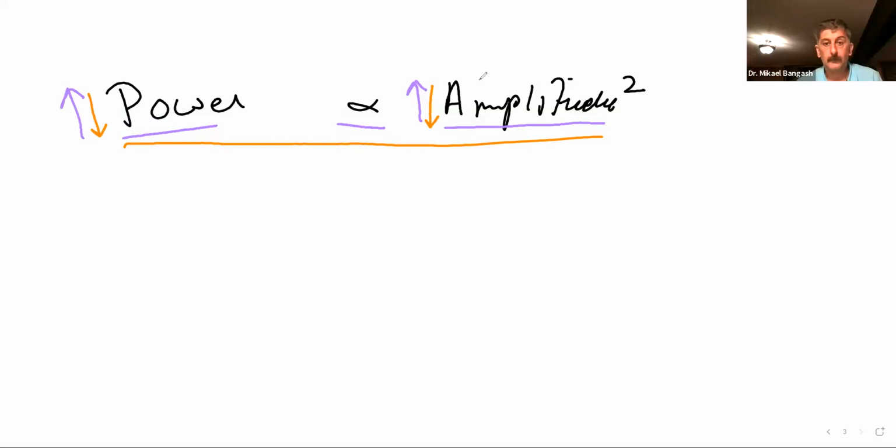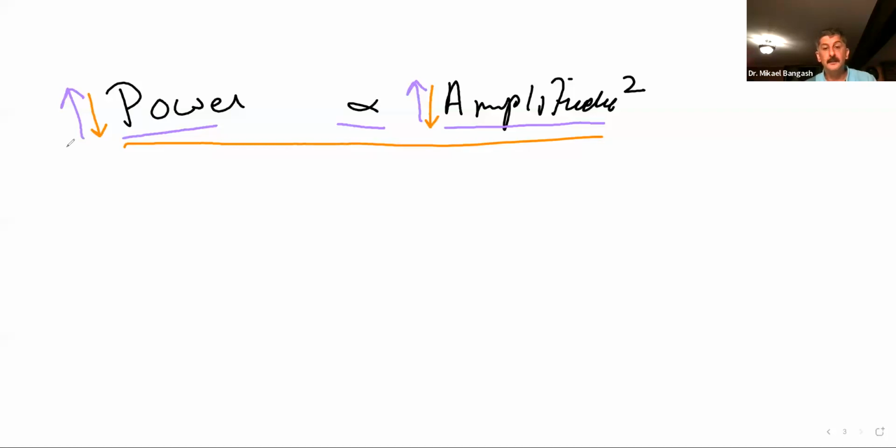Now, what they are saying is that power is directly proportional to the amplitude squared. Being directly proportional, what does it mean to increase?